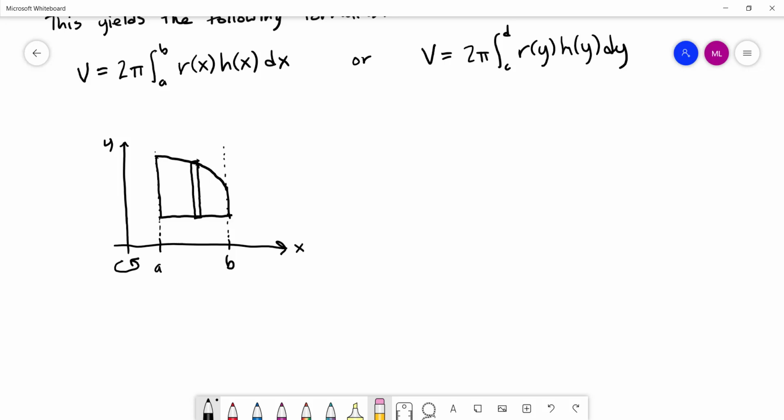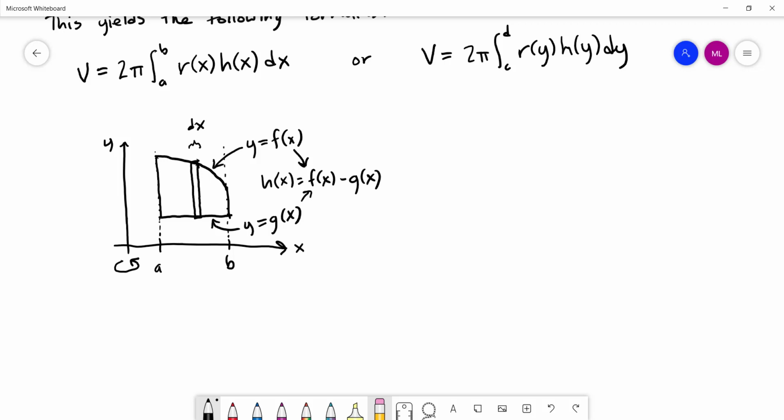So in this case, notice the small dimension of our rectangle is indeed in the x direction. So we get a tiny little bit of dx. The height of this thing is going to be, if this top function is maybe y equals some f of x, and on the bottom we have some y equals g of x, then the height is going to be h of x equals f of x minus g of x, just the top minus the bottom.